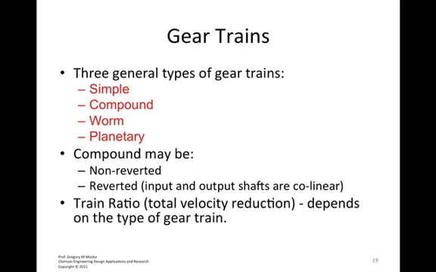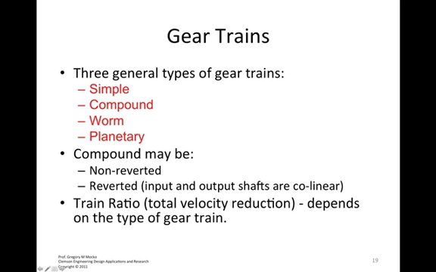In this lecture, we will derive the kinematics and the mathematics behind each of these gear train types. It's important to note that the fundamental law of gearing still applies to each of these types, and each of these types has both its positives and its negatives. I'll particularly talk about compound gear trains.